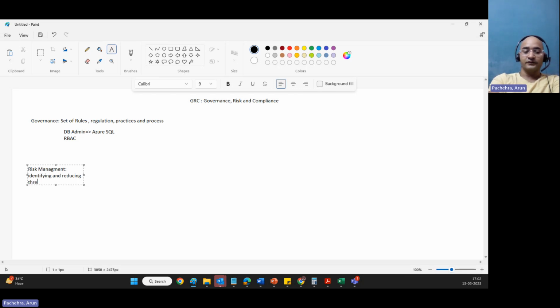In simple terms, this is what risk management is. Find out what the risk is and then manage it accordingly. You cannot just apply all the regulations everywhere, then you will not be able to work. So you have to manage it properly, and you should have the right security measures. You cannot apply a firewall everywhere because a firewall is a security device. You should have proper knowledge of what is needed where.